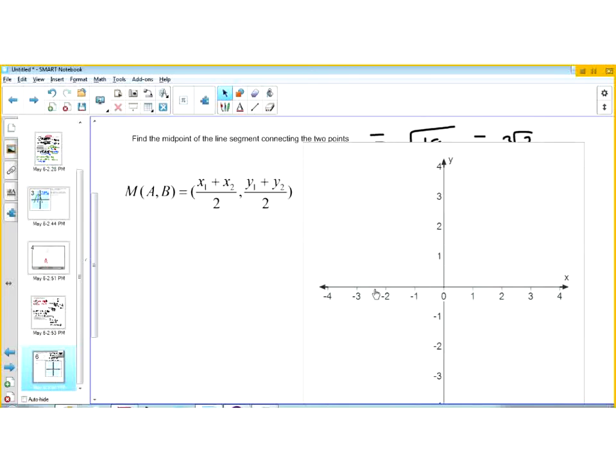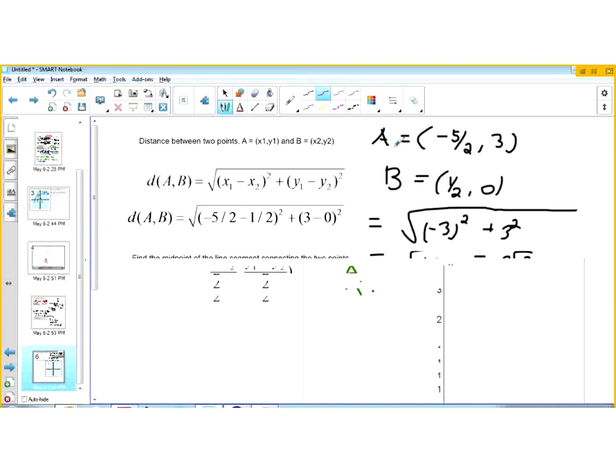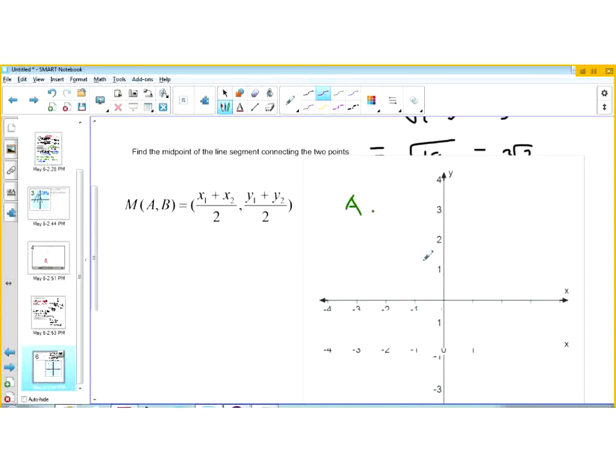So A is negative 5/2, 3. So let's plot negative 5/2, 3. So negative 5/2, 3 is here. So this is our point A. And B is what? 1/2, 0.